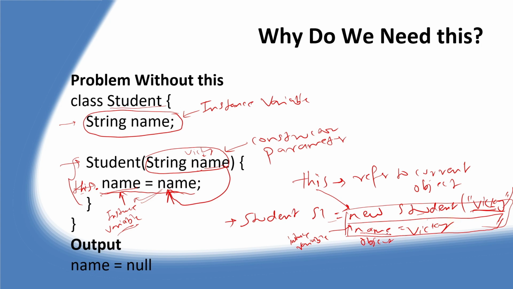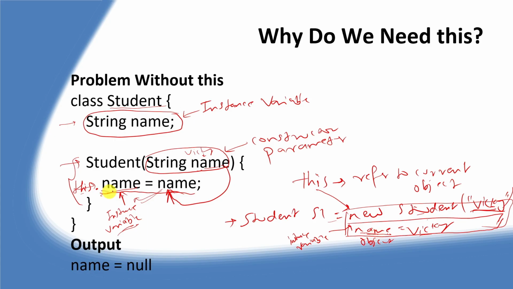So the instance variable name has value wiki now. So the job of a parameterized constructor is to assign whatever value we passed here to the instance variable, and that instance variable is sitting inside the object.